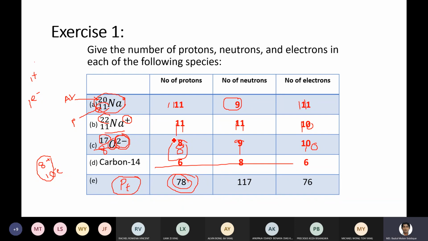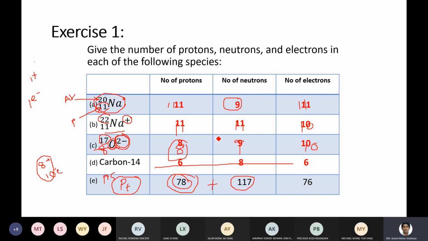Yeah, it's platinum, and 117 is the number of neutrons. So the mass of this will be 117 plus 78 protons, and it will be 195.